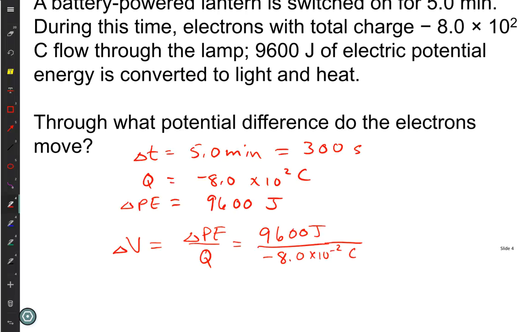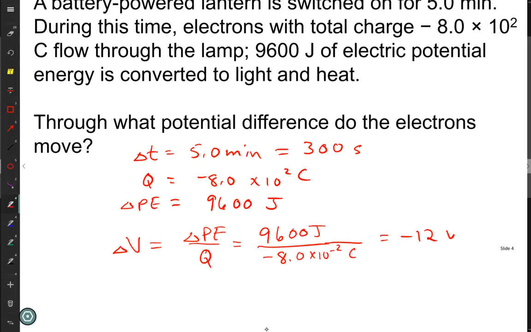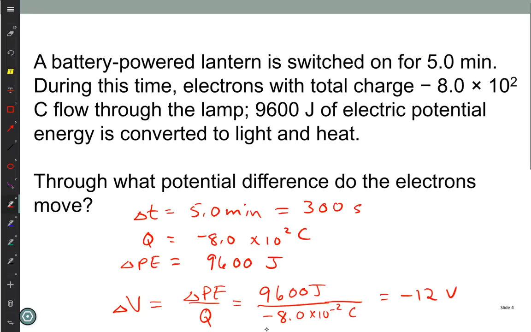And 96 divided by 8 is 12, right? So we had a voltage difference of minus 12 volts, the way I calculated here. And so it turned out it wasn't hard. It was just using the definition of what voltage is. But it seemed like I might have to do something a lot harder.